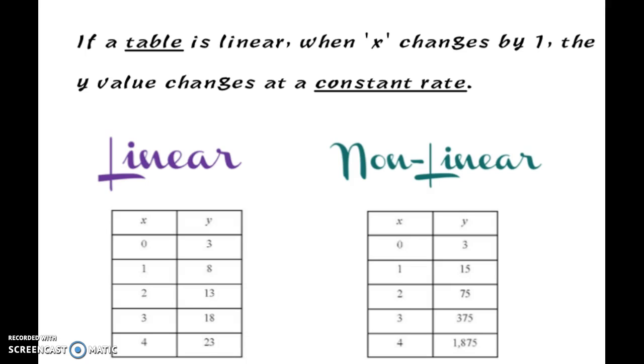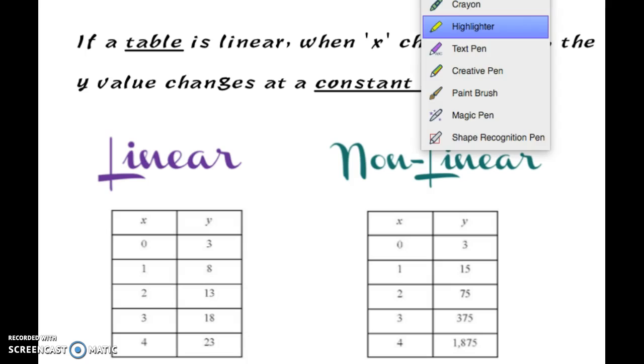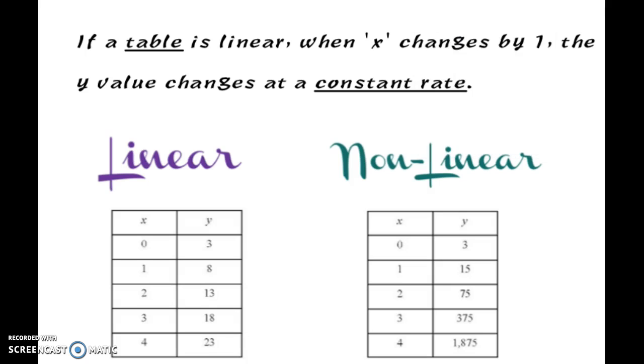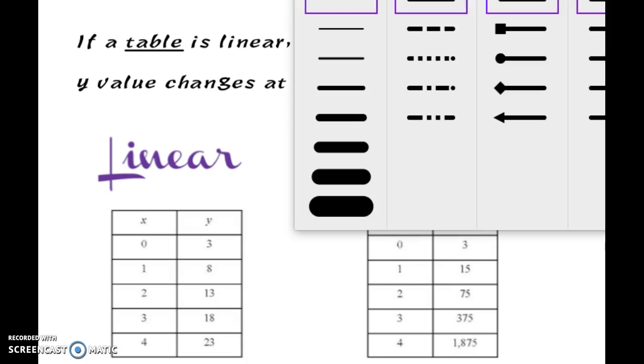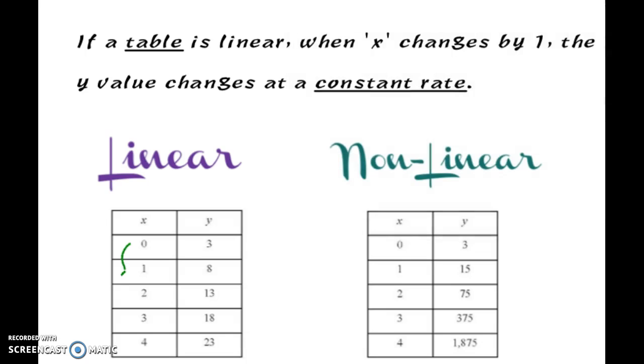You can notice if something is linear if it's in table form, because if a table is linear, when x changes by 1, the y value changes at a constant rate. So for example, in this table on the left, you're going to see that x is going up by 1, 1, 1, 1, etc., and y goes up by 5, and then 5 again, and then 5 again, and then 5 again, so it has a constant rate of 5.